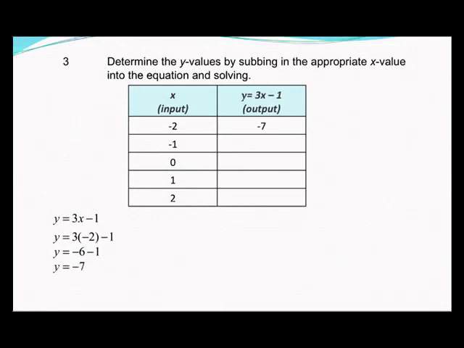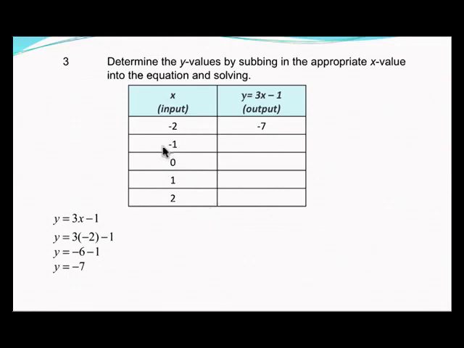So we put that value into our table of values. And so when x is -2, y is -7, or our output is 3 times our input minus 1. So 3 times -2 is -6, take away 1 is -7.